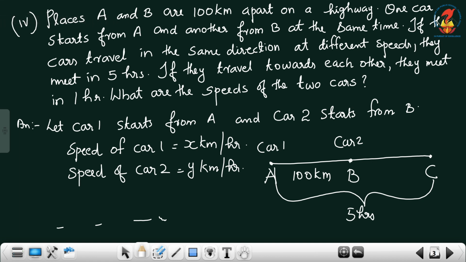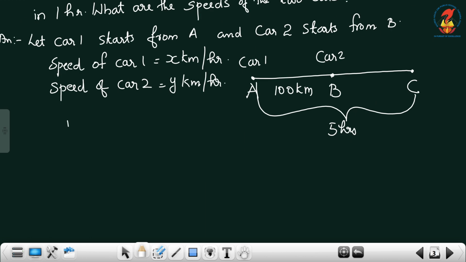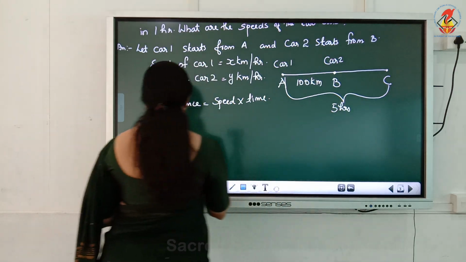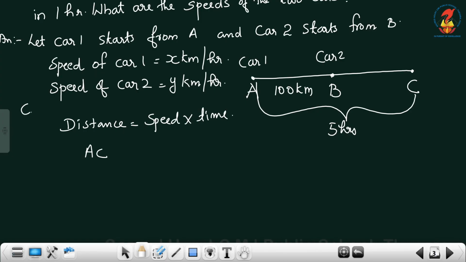Okay, what is the formula to find distance? Distance equal to speed into time, or speed equal to distance by time. Here what is the distance? Distance AC. This is case 1.